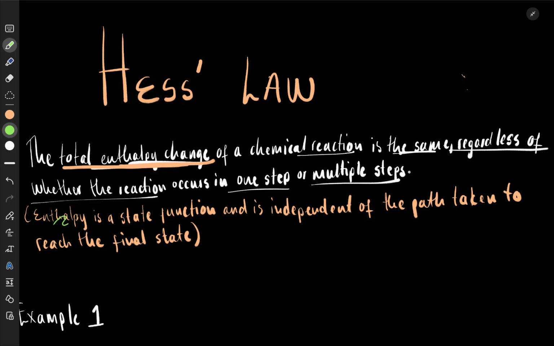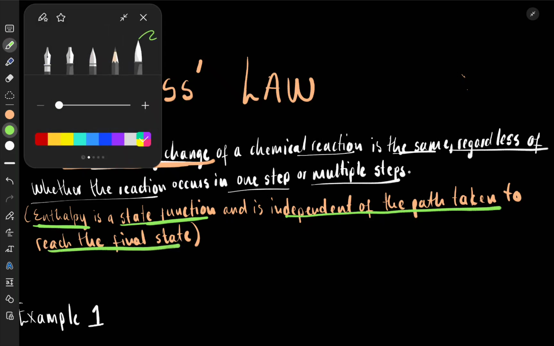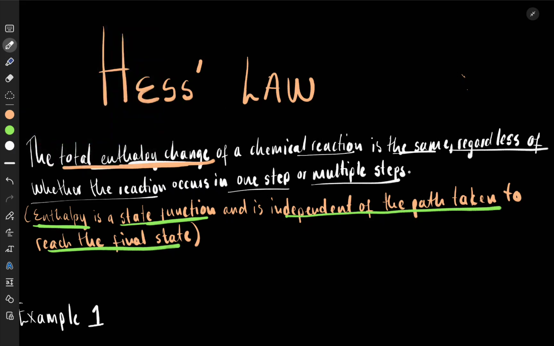In other words, we can say that enthalpy is a state function. So what we want is enthalpy change, the heat that is transferred. And this is a state function. It is independent of the path that you have taken to reach the final state, as long as you are coming from the reactants that we had and getting the products that we want.